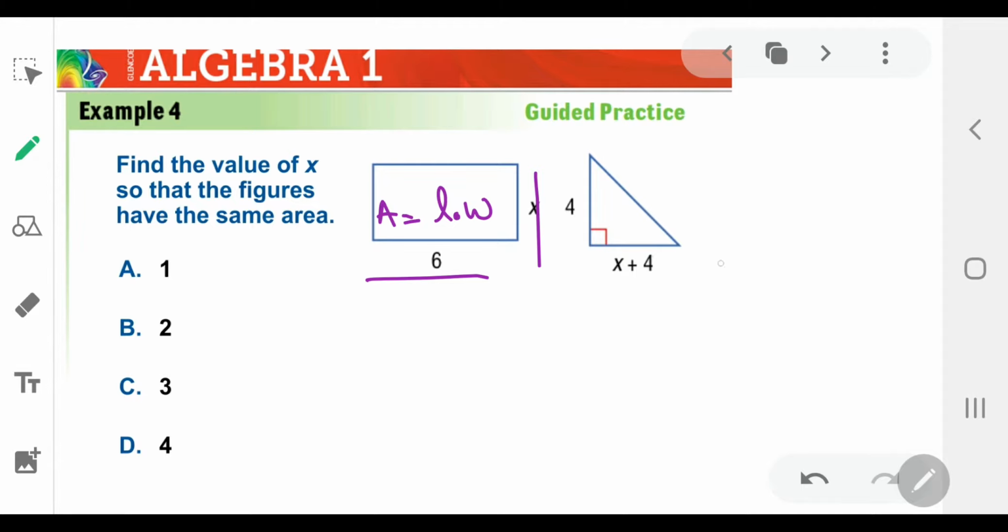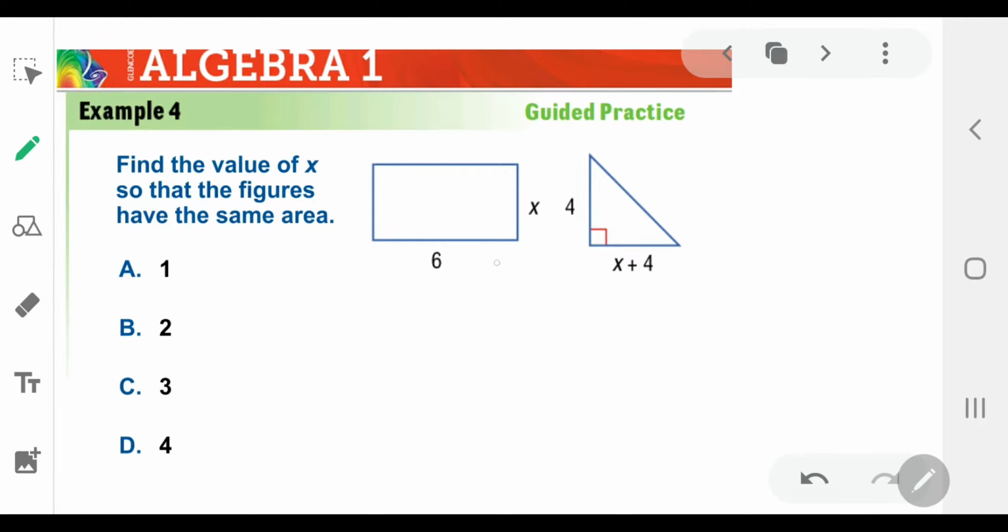And the base and the height of the triangle, if we consider this is the base and this is the height, because in right angle triangles, either of the legs can be the base and the height. So the area here, let me remove this so you would be able to see the figures clearly.